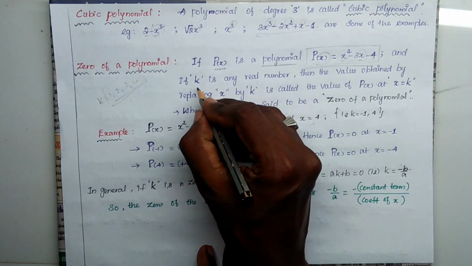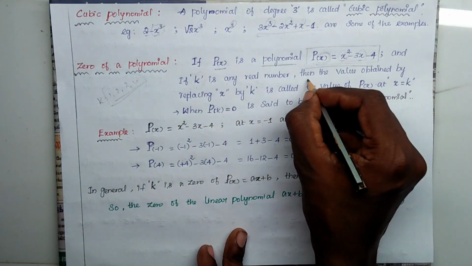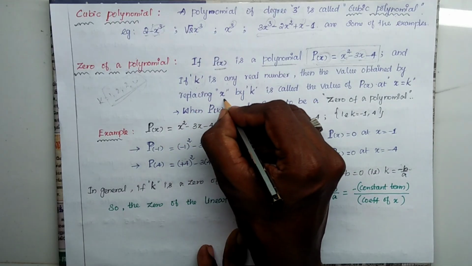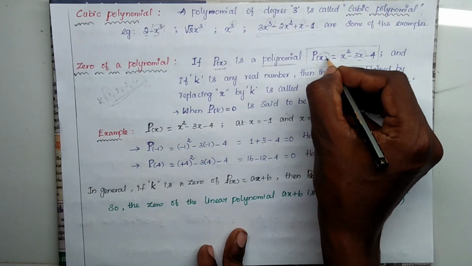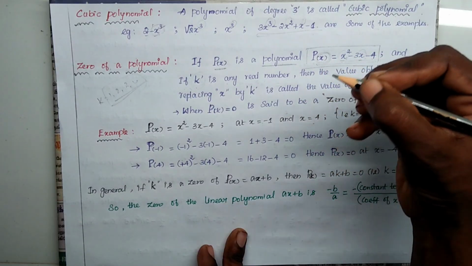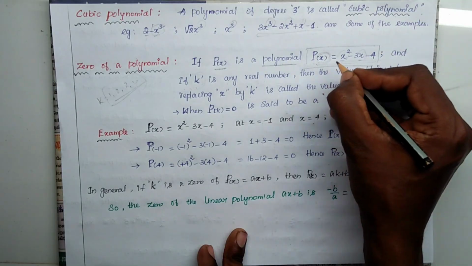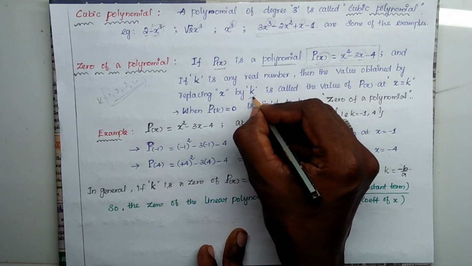Suppose we substitute k, any real number. Then the value is obtained by replacing x by k. We apply some real number, represented as k, in place of x.